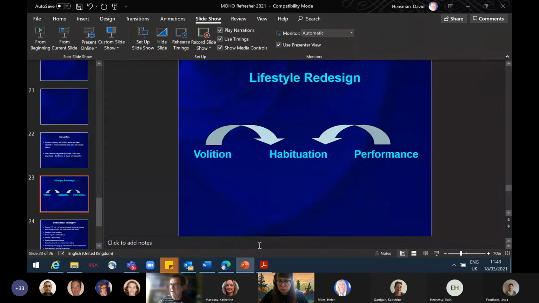But we're going to break out again now, and we're going to think about motivational strategies. As I said, motivation is a common challenge for a lot of our service users, and MOHO has a lot to say about motivation. So in your breakout groups, we're going to think about what strategies you are currently using to try and engage someone who lacks motivation, and then secondly, how you think MOHO can help with the whole area of motivational engagement.